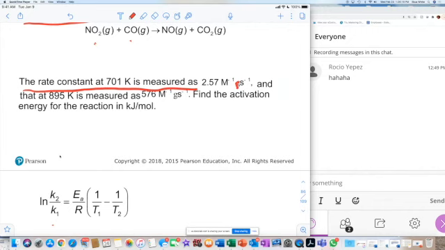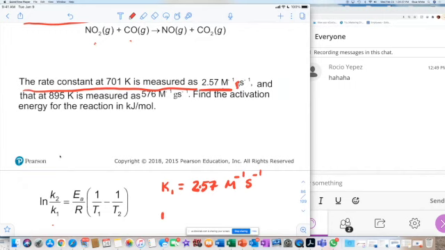Okay, so we're given the first rate constant, k1, as 2.57 per meter per second. So you can say m to the power -1, s to the power -1, right?